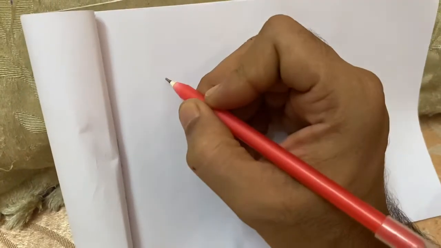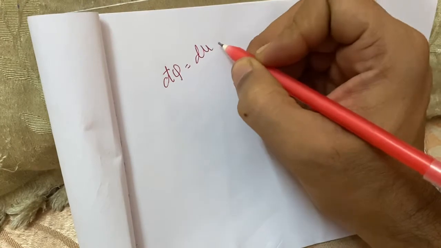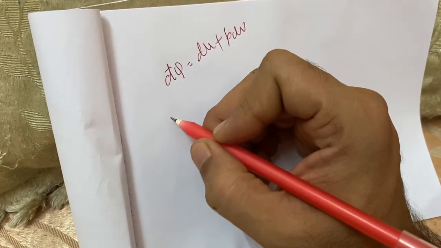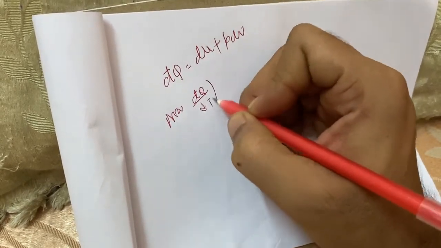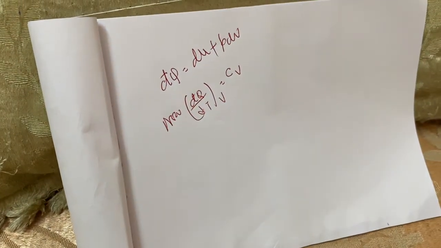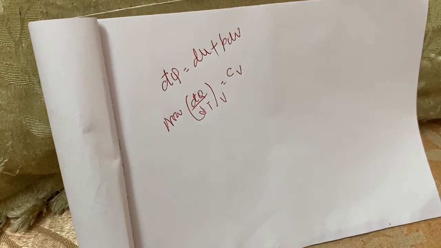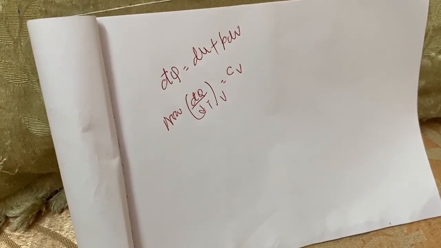So, from the first law of thermodynamics, dq is equal to du plus pdv. Now, dq by dt at constant volume is Cv, the amount of heat needed per unit change in temperature at constant volume.